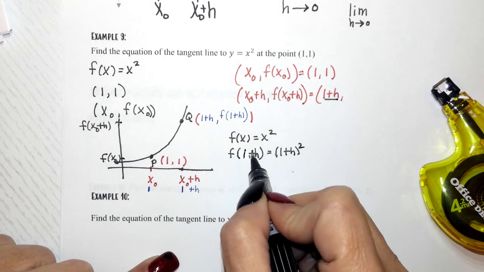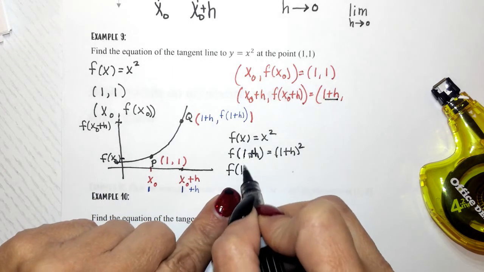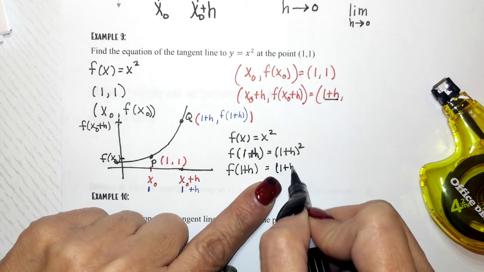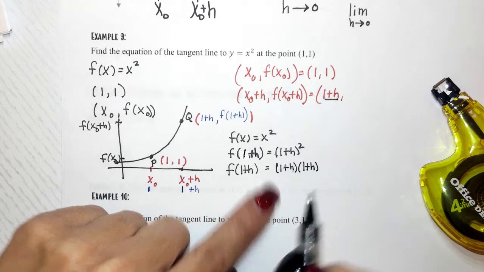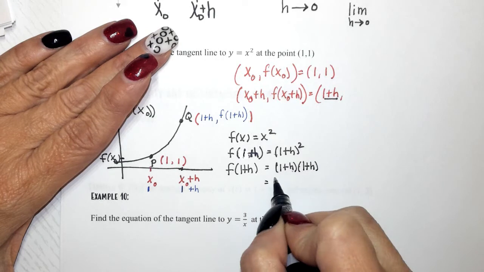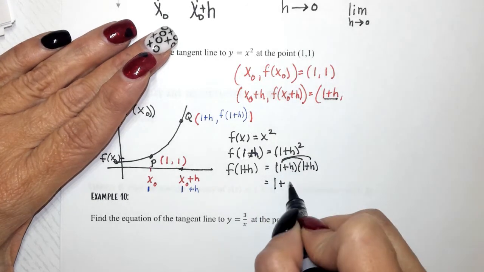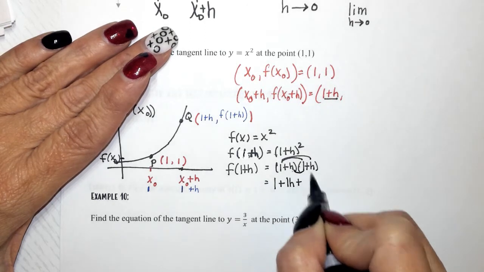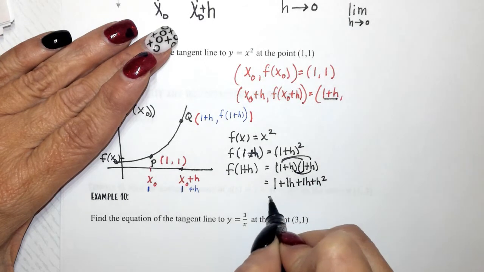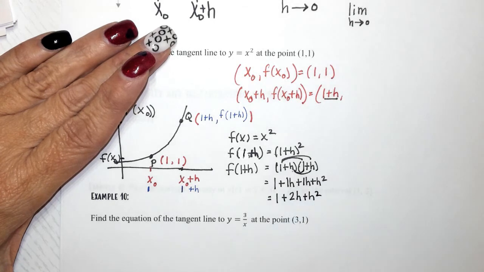So f of 1 plus h is 1 plus h times 1 plus h. Let's simplify that so we can see what goes over here. That'll be 1 times 1, 1 times h plus 1 times h, and h times h is h squared. That will be 1 plus 2h plus h squared.